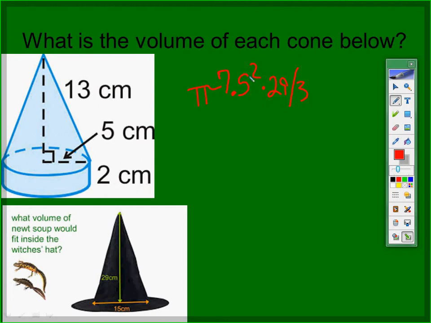So pi times radius squared times the height divided by 3 equals 1,708.24 rounded. Centimeters cubed.